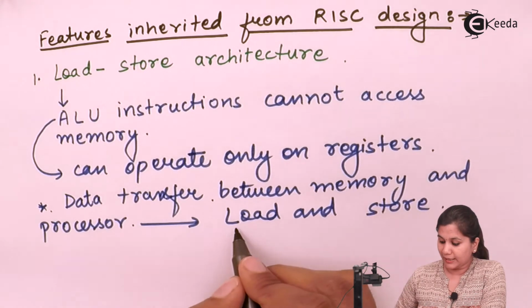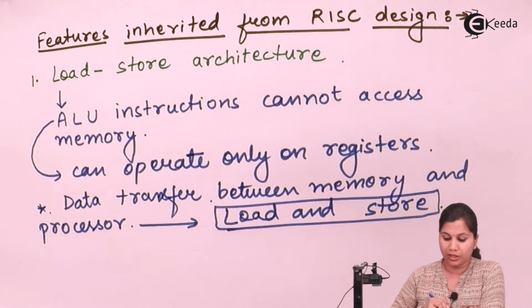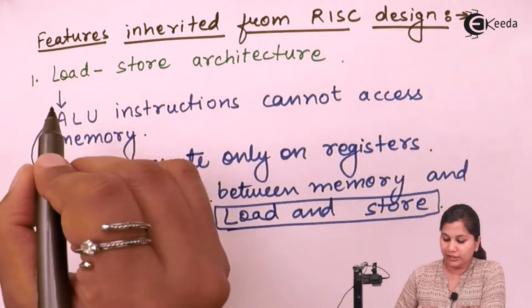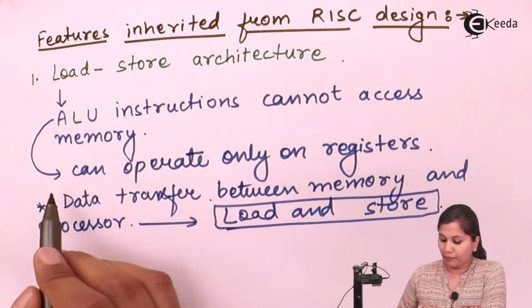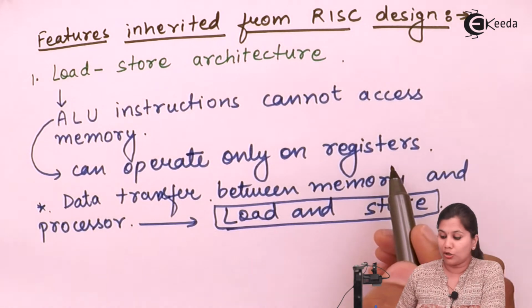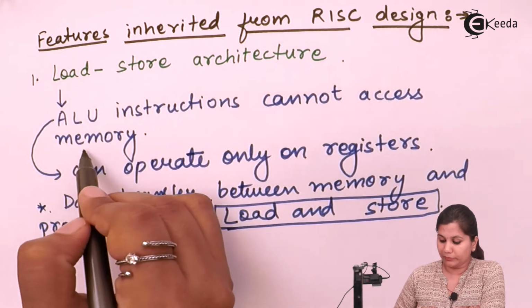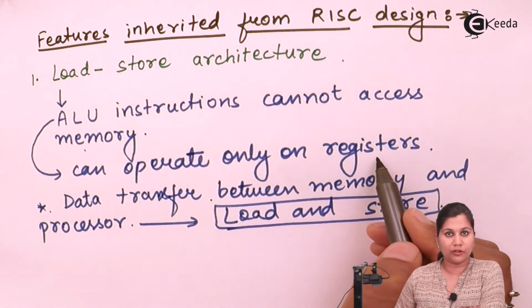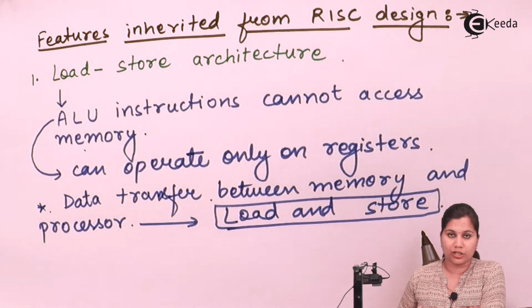That is why this type of architecture is called load and store architecture, because in this architecture ALU instructions cannot access the memory, they can operate only on the registers. So if we want to get data transferred from the memory into the registers of the processor, we have to use the load and store instructions.